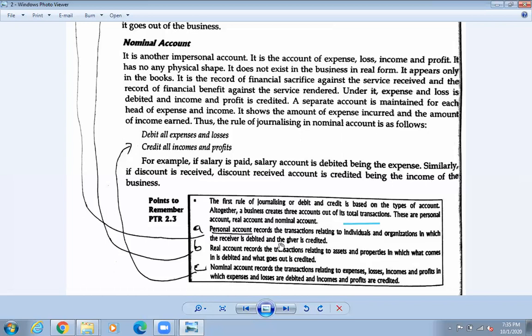Creditor means those who are giving, the sauji, they are the creditor. Debtor is the one taking the loan. So debit the receiver, credit the giver.